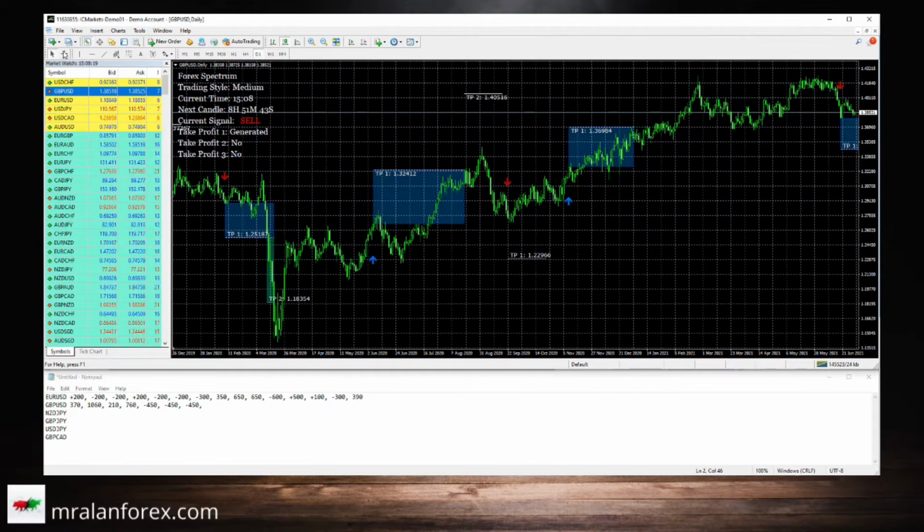And now we have 3 long trades. The first one is hit. That's 450, and then the second 2 are stopped out here, 550.